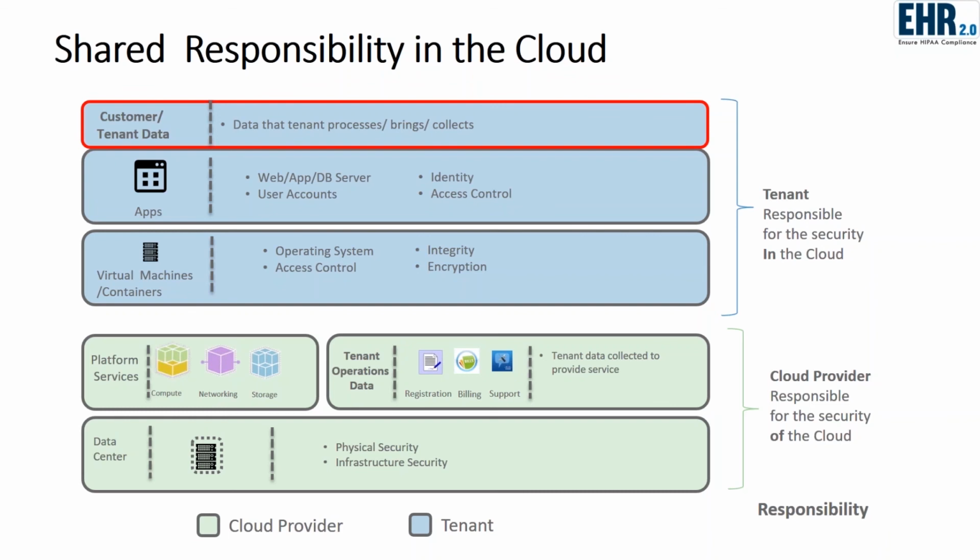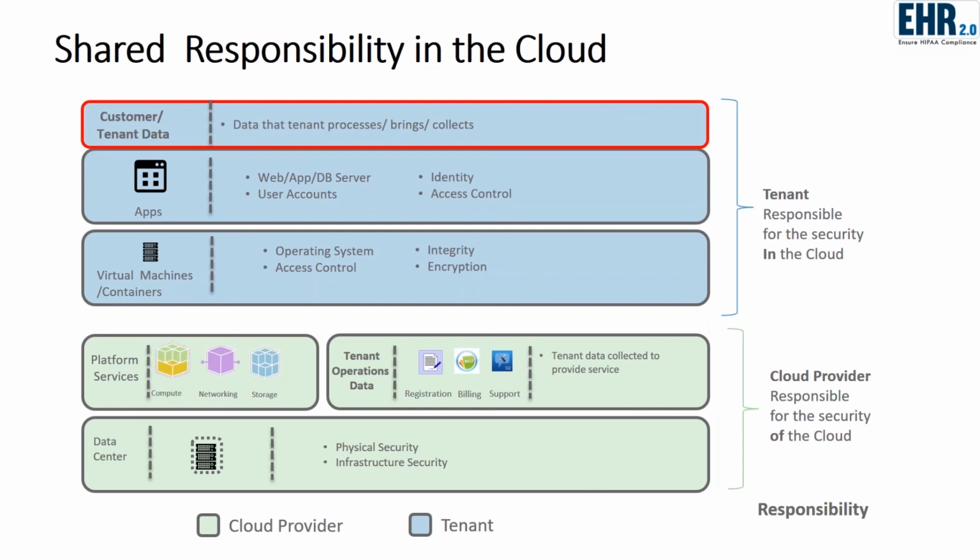Similarly, if you look at the upper blue part here, that is the tenant responsibility. The tenant brings in and sets up a virtual machine or an EC2 instance on AWS, and how you harden it, how you protect the access control of it, and what kind of encryption you're using, all become the responsibility of the tenant.